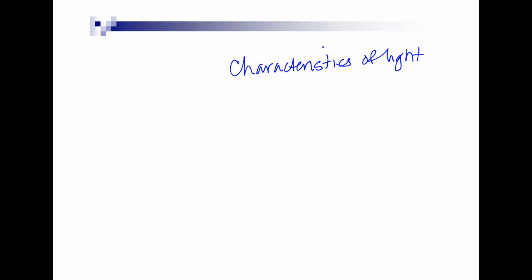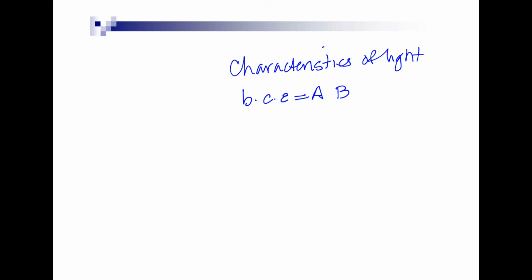We also talked about how you can use the path cell length and the concentration and molar absorptivity to find absorbance, or how we did it, in our problem, we used absorbance to find concentration. You can do that too.